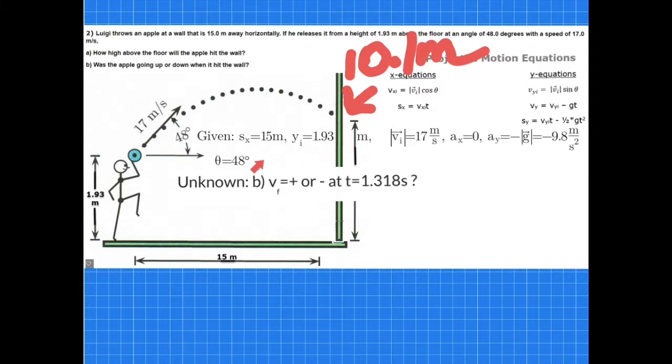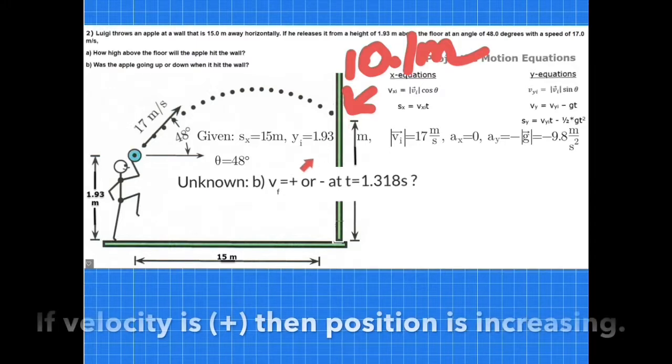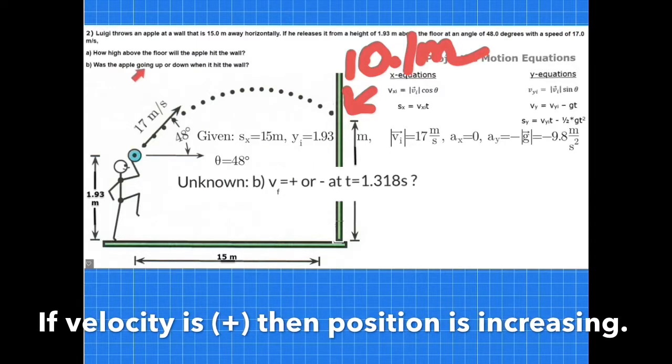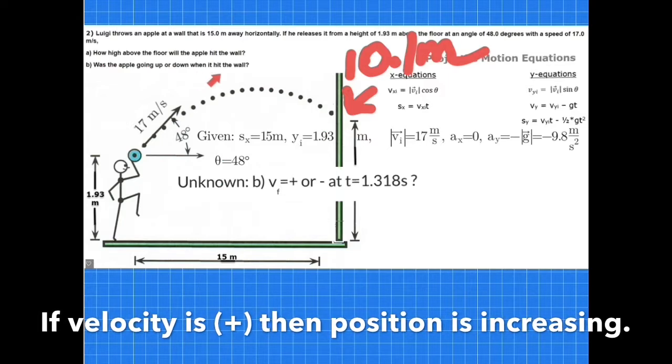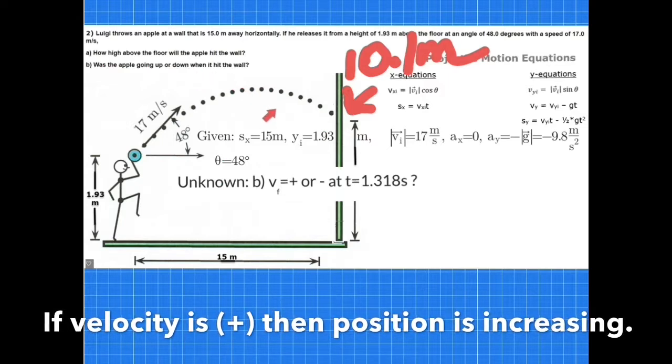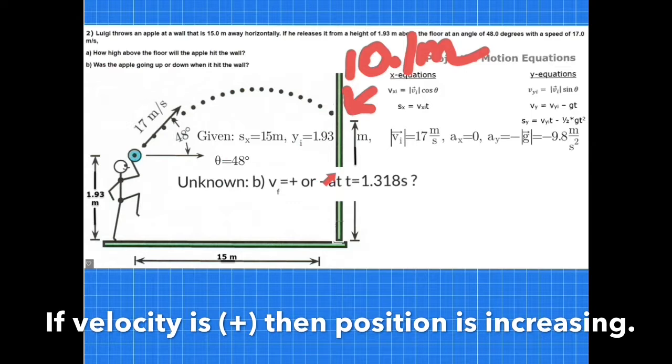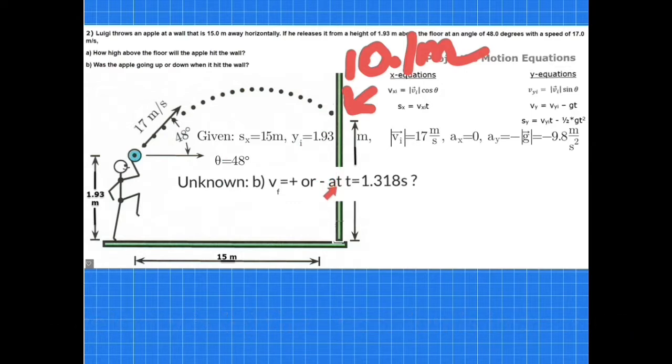The unknown for part B: was the apple going up or down when it hit the wall? We know it hit the wall when it was 10.1 meters above the floor. But to know whether the ball was going up or down, since if velocity is positive, the position is increasing, and if velocity is negative, the position is decreasing, that is the same question as when the apple hit the wall, was its y velocity positive or negative?